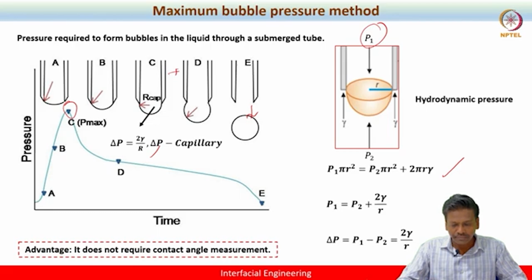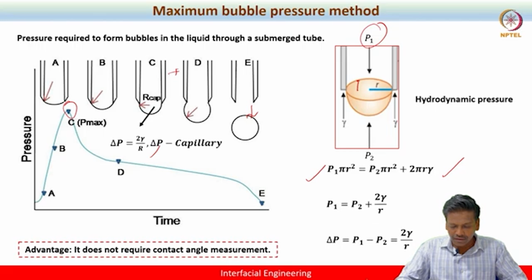There is also another force acting upward, because the bubble is held by the surface tension force. Since the forces act on opposite sides, you can perform a force balance between the pressure force and the surface tension force.